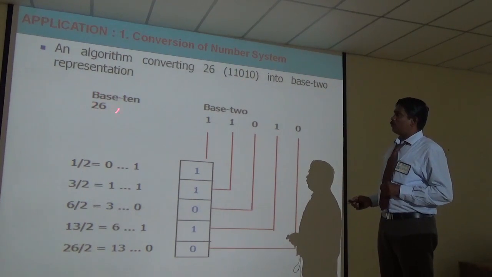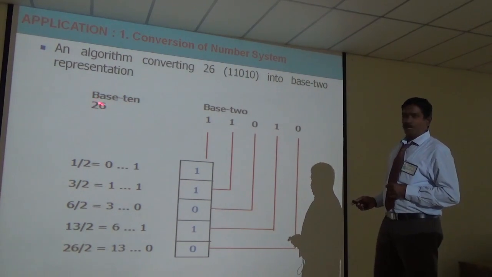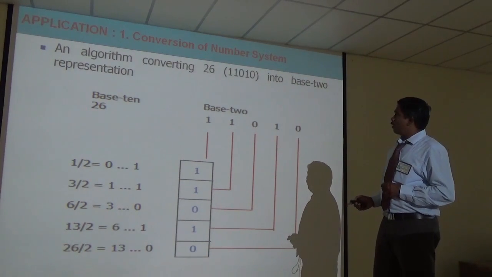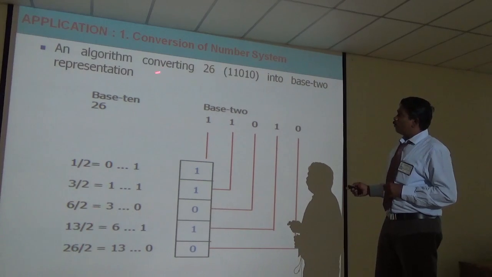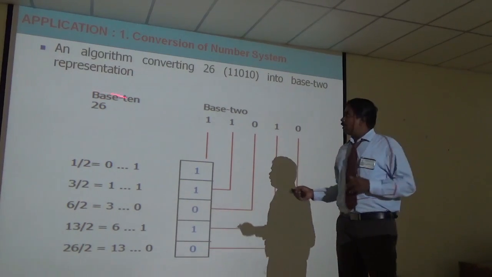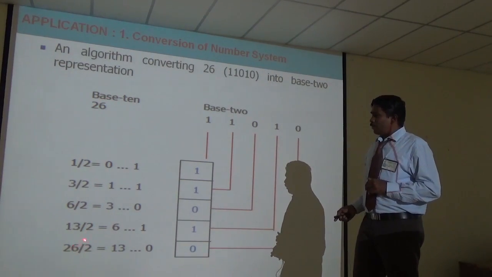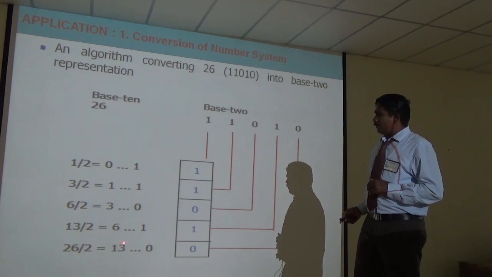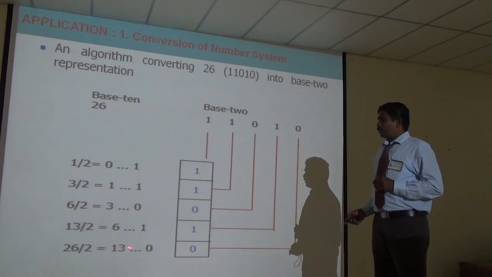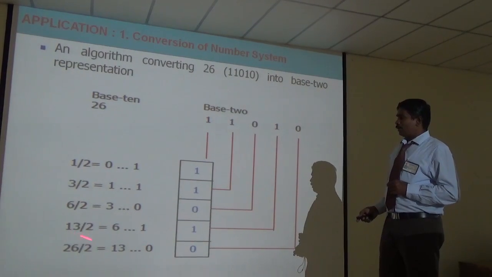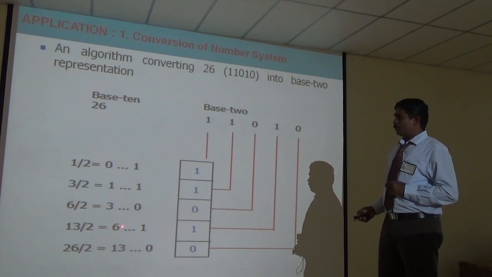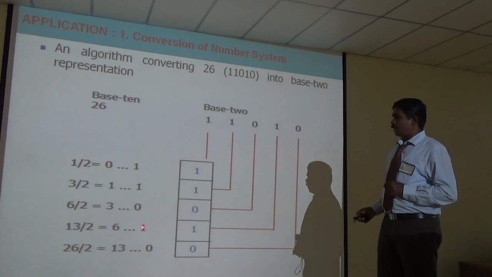We take 26 as the decimal number and divide it by 2, using 2 stacks: one for the quotient and another for the remainder. Dividing by 2, the quotient is 13 and the remainder is 0. Then again this number is divided by 2, the quotient is 6 and the remainder is 1.